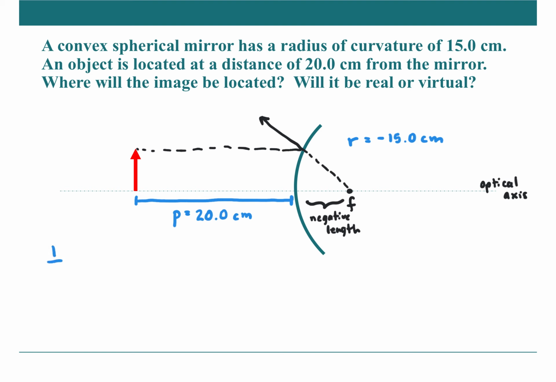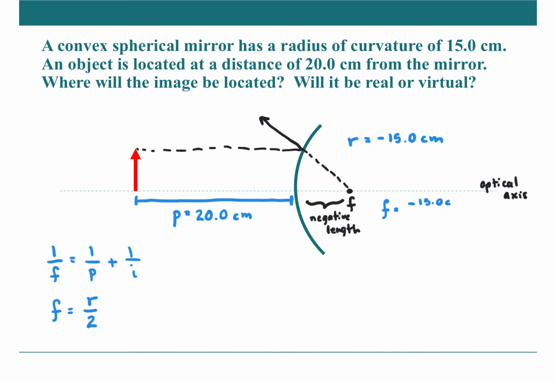Our mirror equation tells us that 1 over the focal length for this mirror is equal to 1 over our object's distance plus 1 over our image's distance for this mirror. Separately, we know that the focal length for any curved mirror is equal to its radius of curvature over 2. That means that we could find the focal length of our mirror by dividing r by 2.